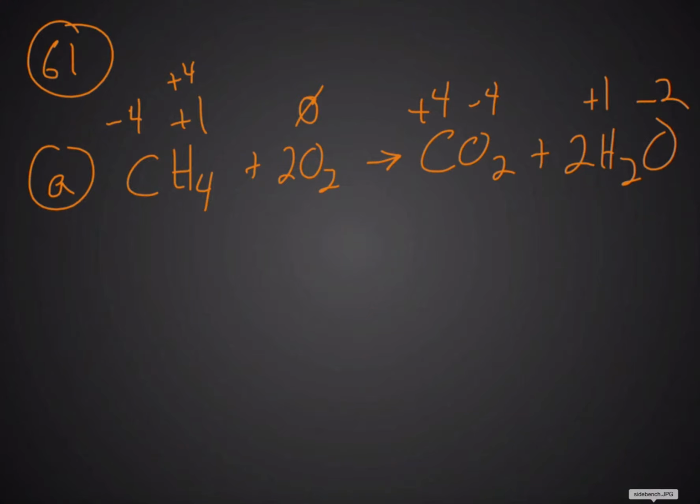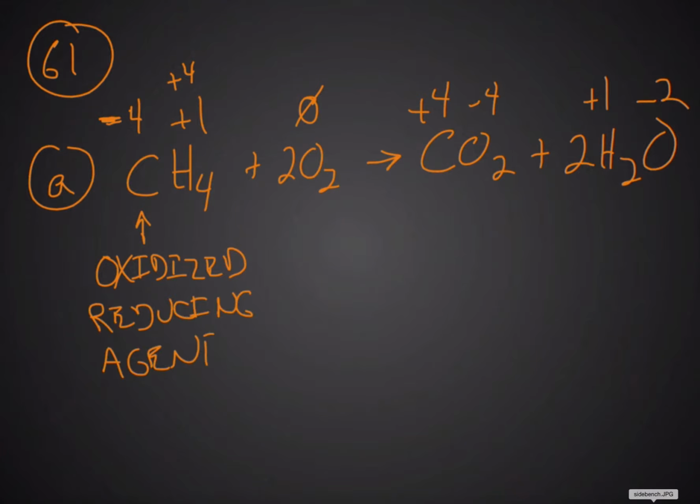So if you look, the carbon has gone from -4 to +4. So it's had an oxidation change of 8. It's lost 8 electrons altogether. So that loss of electrons is oxidation, so this has been oxidized, which makes it the reducing agent.